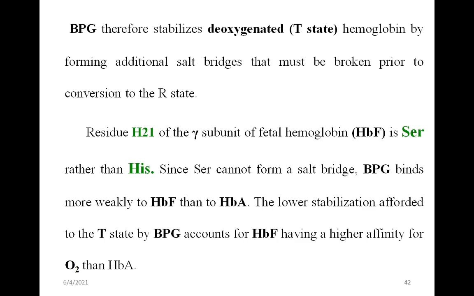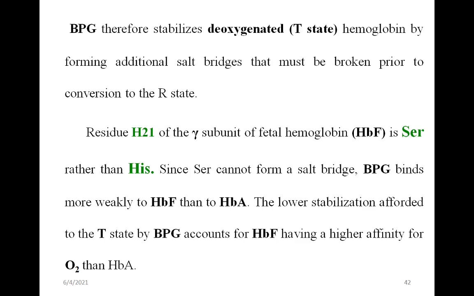So residue H21 in the gamma subunit of fetal hemoglobin is serine rather than histidine. Since serine cannot form the salt bridge with 2,3-BPG, it binds more weakly to fetal hemoglobin than to adult hemoglobin.